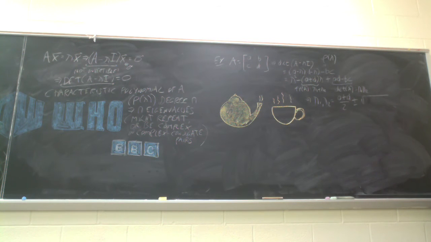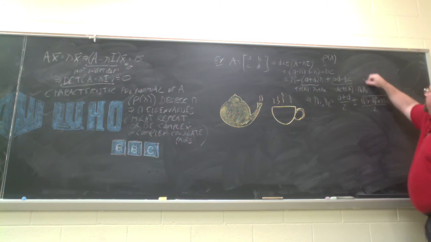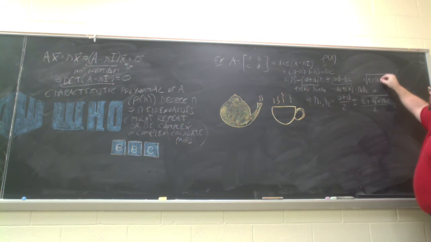Another way of writing it, just by simplifying, is a minus d squared plus 4bc, all over 2. But that's the same thing as the square root of the trace squared minus 4 times the determinant. Of course that could turn out to be complex, but at least you're going to get complex conjugate pairs.